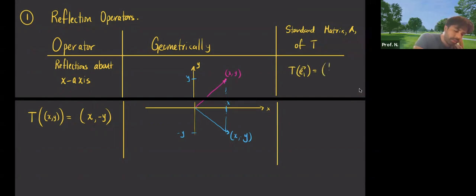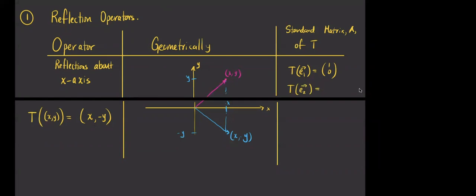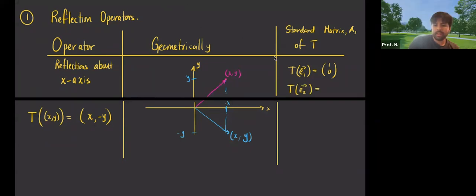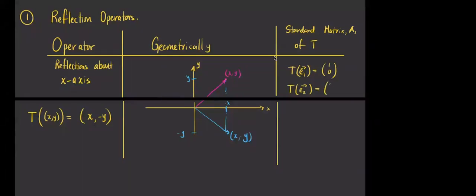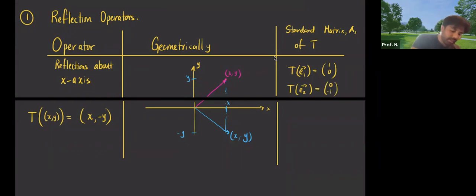So isn't this 1, 0? And then what happens when you reflect E2? You just switch the sign. So it's 0, -1. Correct. So what would be the matrix associated with the operator of reflecting across the x-axis?